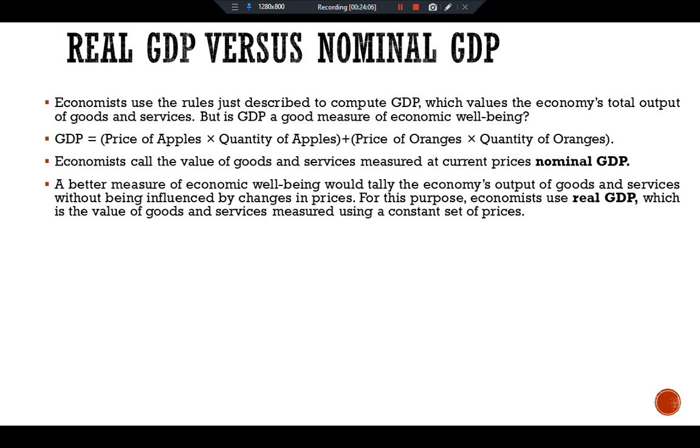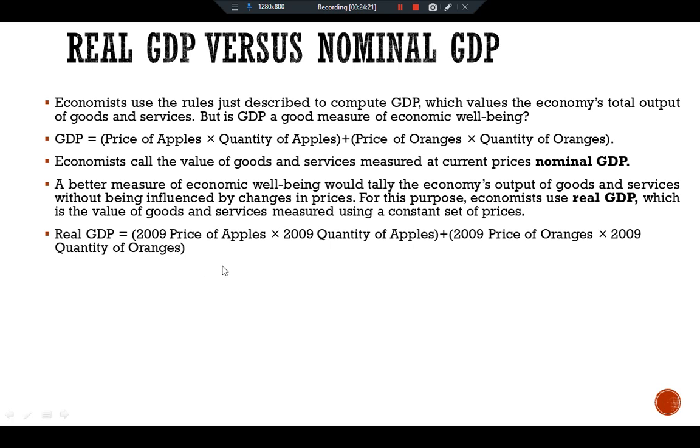Goods and services are then added up using these base year prices to value the different goods in each year. Real GDP for 2009 would be the price of apples in 2009 times the quantity of apples in 2009, plus the price of oranges in 2009 times the quantity of oranges in 2009.